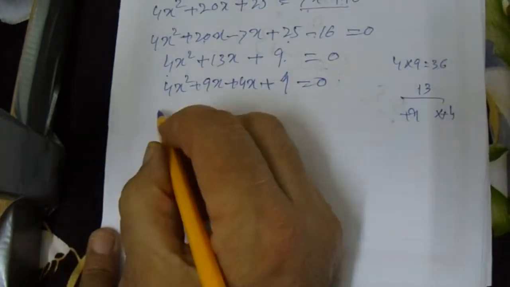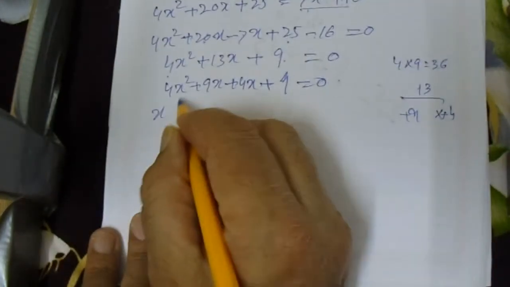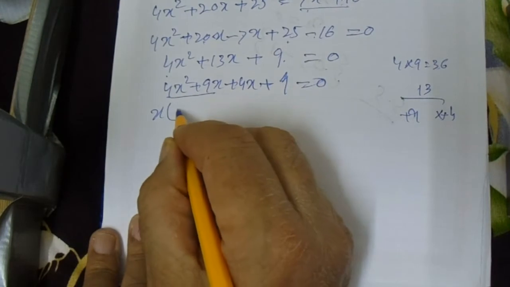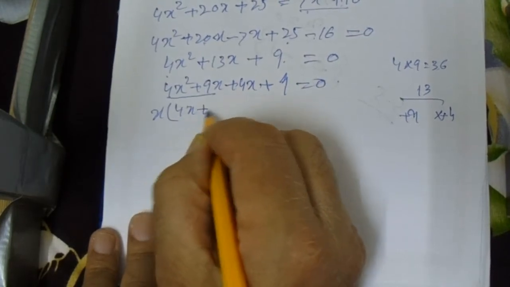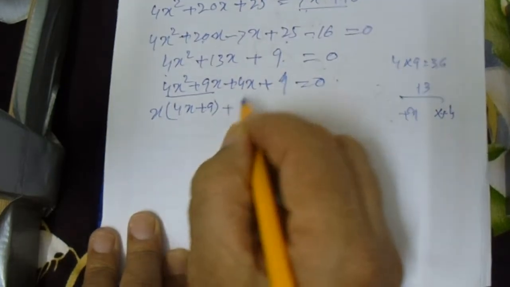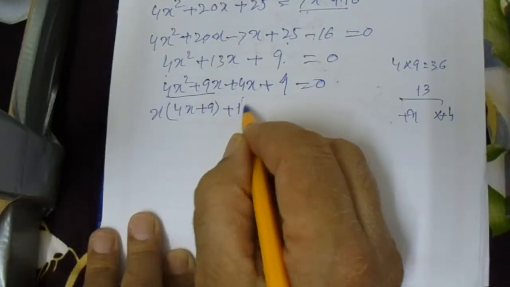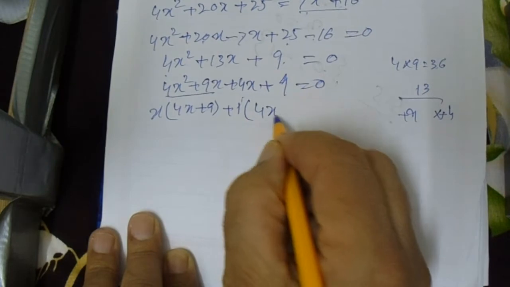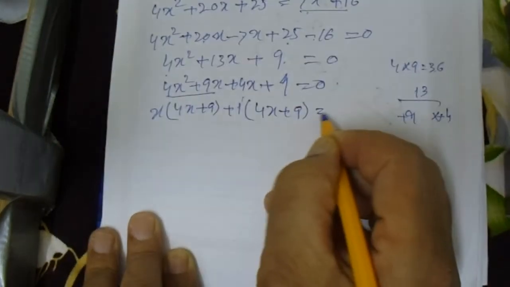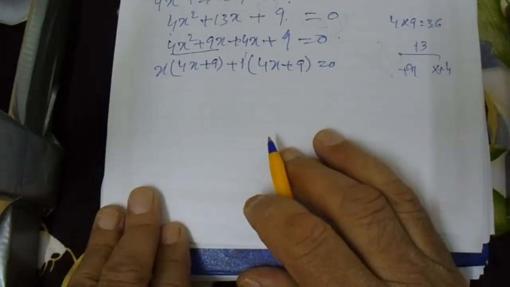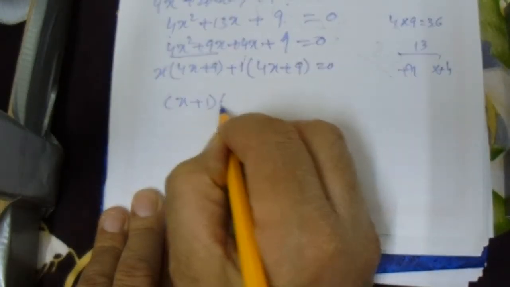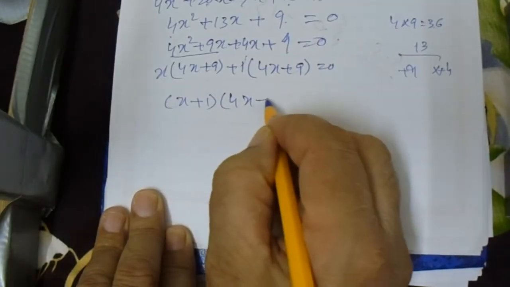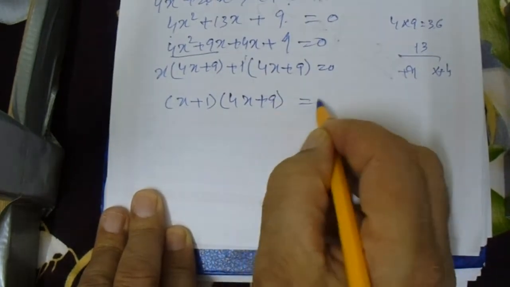Now here we take x common from these, and we write in the bracket 4x plus 9, and plus, here we take 1 common from these, and 4x plus 9 is equal to 0. Now write this in this form: (x plus 1)(4x plus 9) is equal to 0.